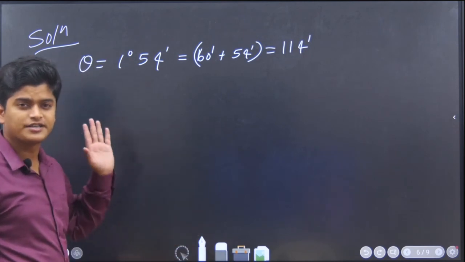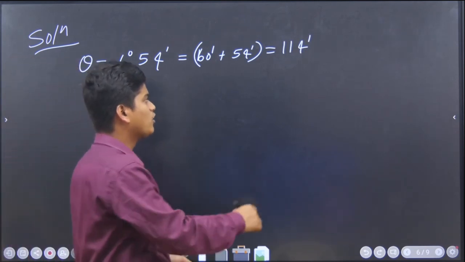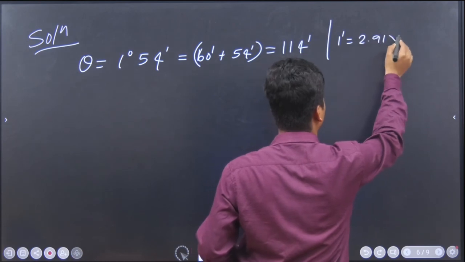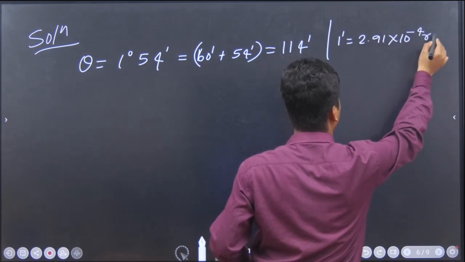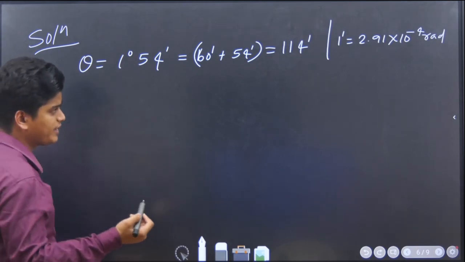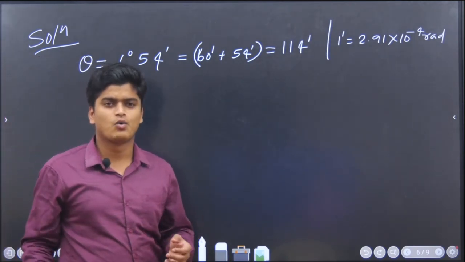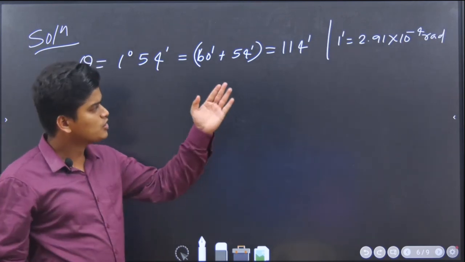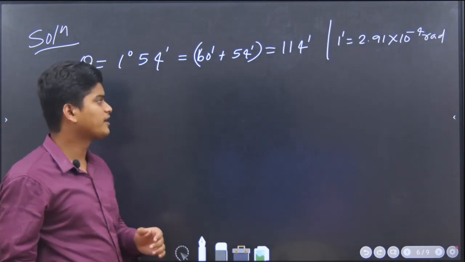Already you know 1 minute is 2.91 into 10 to the power minus 4 radian. Already in the last class we completed 1 second in radian, 1 minute in radian, 1 degree in radian. So try to see the last lecture, you can understand.